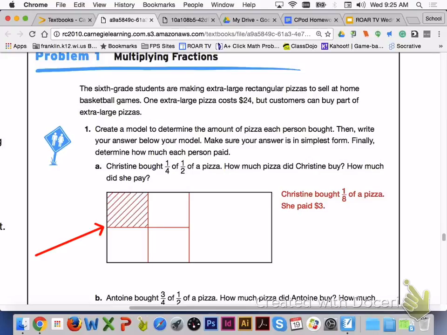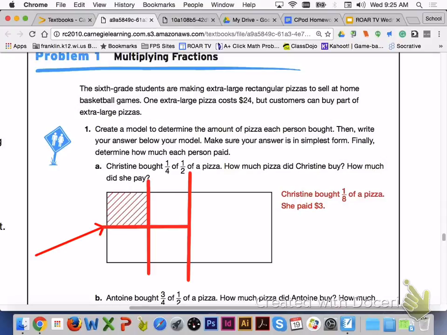Here is the model that we are using to determine that Christine bought 1/4 of 1/2 of a pizza. You can first break the model up into 1/2. The rectangle is cut in half, and then you are breaking that half up into equal size fourths as demonstrated here.